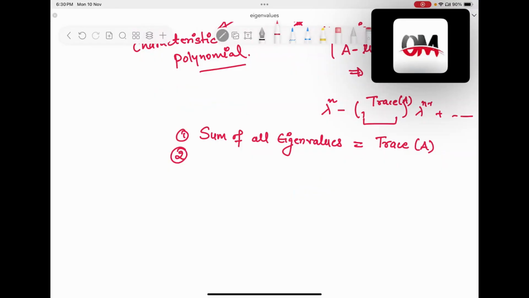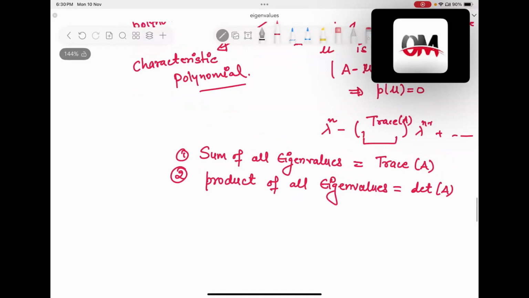Similarly, the product of all eigenvalues is equal to determinant of A.